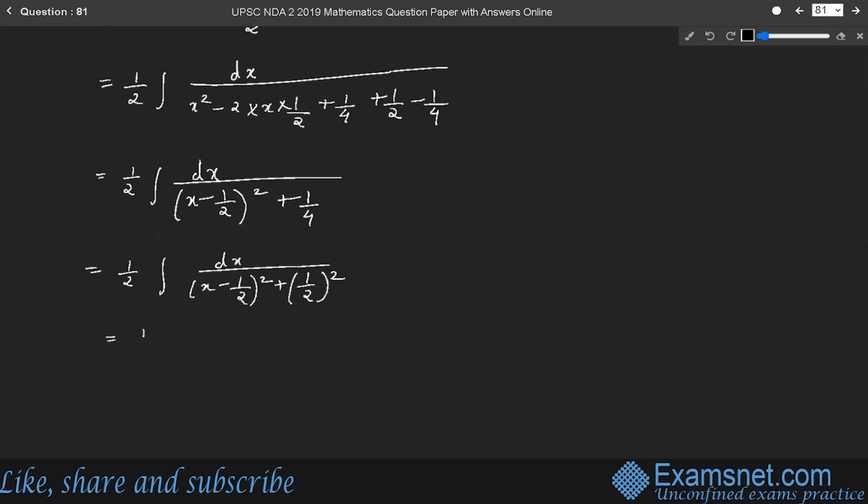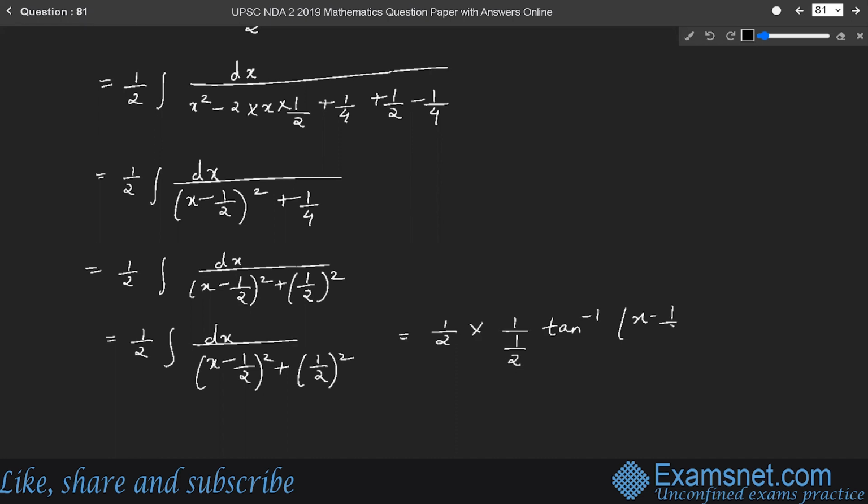So this will be equal to 1 by 2 into the integral of dx upon x minus 1 by 2 whole square plus again 1 by 2 whole square. So it will be equal to 1 by 2 into 1 upon 1 by 2 tan inverse x minus 1 by 2 divided by 1 by 2 plus c.